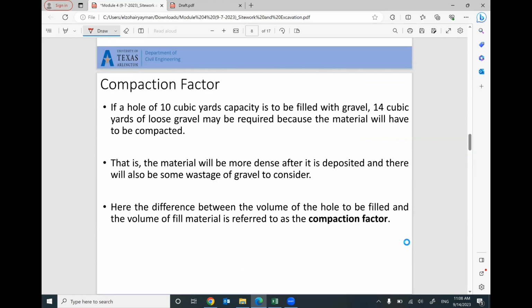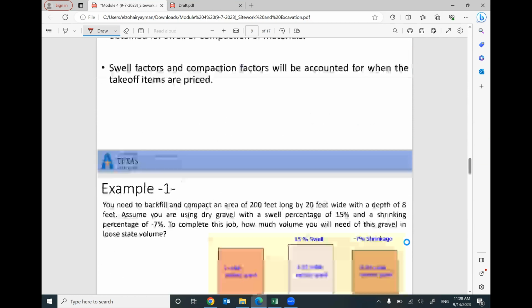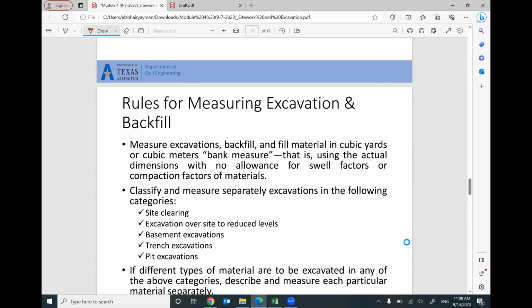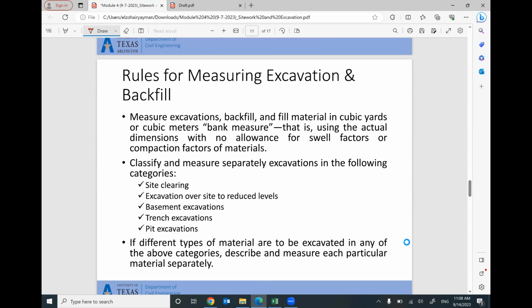And we talked about this example, and we have some rules when you are trying to measure your excavation, backfill, earthwork. One of them, we need to make classifications, different categories for the work you are going to do. Not just the soil relation, but you need to combine all of them in one category.